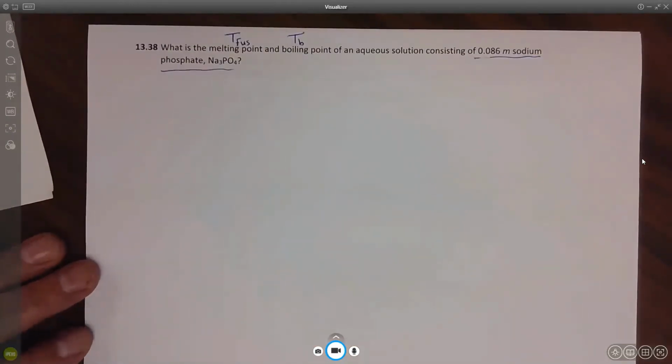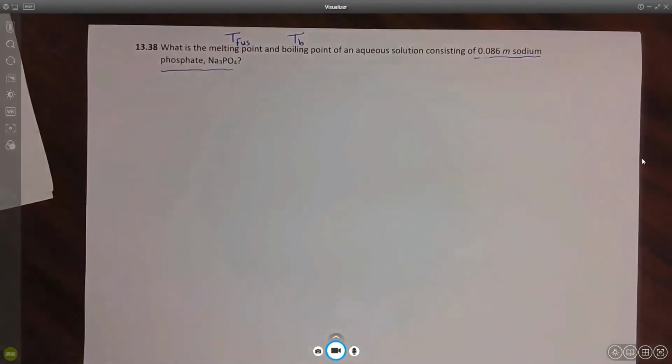Now, how am I going to go about solving this problem? Taylor, what do you think? Let's start with the freezing point, or the melting point.